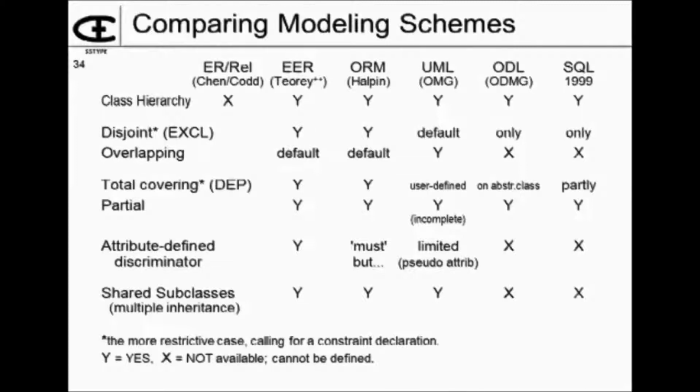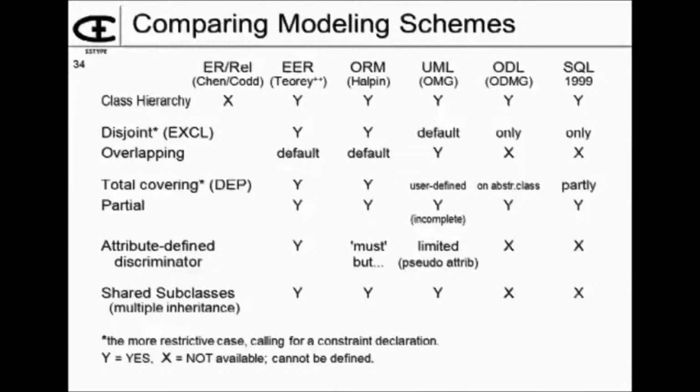And so we're looking at each one of them: Toby Teorey's, Terry Halpin's that we have in our textbook, the UML stuff, the ODL, Object Data Language, which is part of the ODMG, Object Data Management Group of OMG, and then SQL 1999, which incorporated some object-oriented notions, including this notion of subtyping and supertyping.